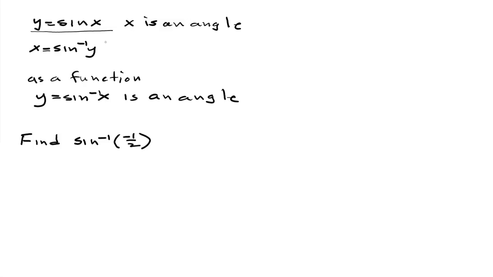So if I reverse this, x is sine inverse of y, right? That's what we would do to turn it into an inverse. Then x is still an angle, right? That hasn't changed. So when I look at this as a function, and I look at y equals sine inverse of x, sine inverse of x is an angle.